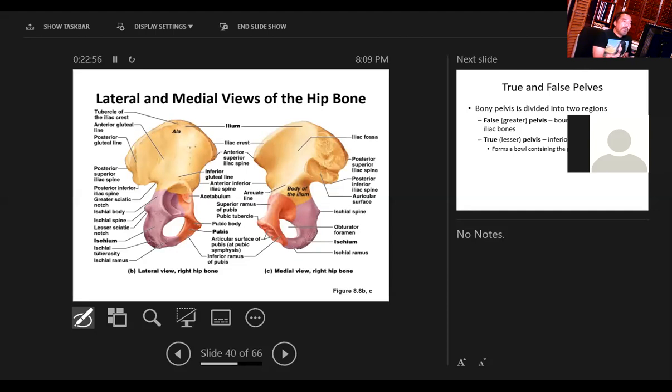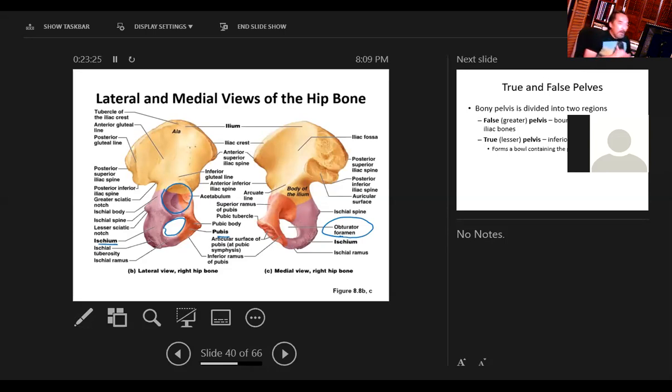The three bones meet each other here at the acetabulum. That's the first one, okay? The three bones meet here. This hole is created by only two bones, the ischium and the pubis. So this hole is going to be called your obturator foramen. That is called the obturator foramen.